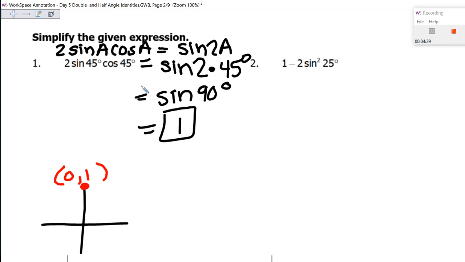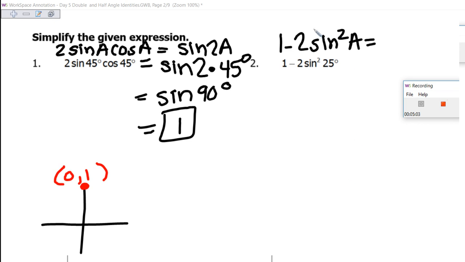Next one, number 2. We have 1 minus 2 sine squared of 25 degrees. Now again, it's not under a square root, so it's not a half angle identity. It's going to be a double angle identity. And is this a double angle identity for sine, cosine, or tangent? Cosine. So this is 1 minus 2 sine squared of A is equal to cosine of 2A.